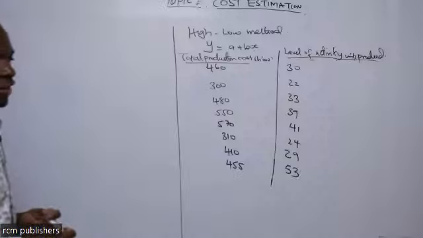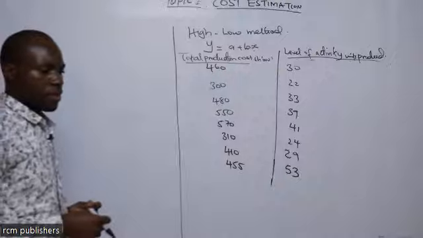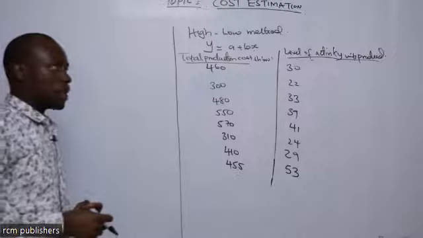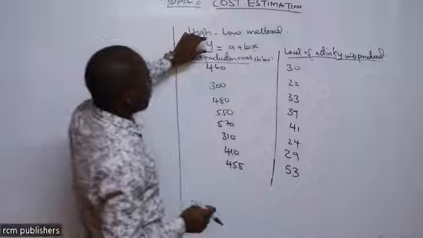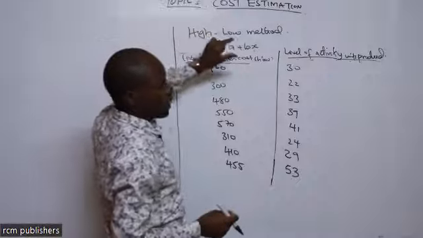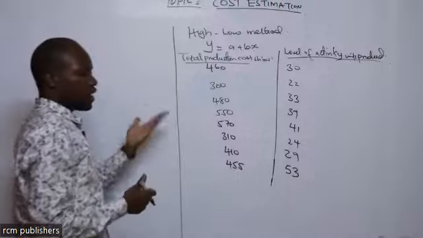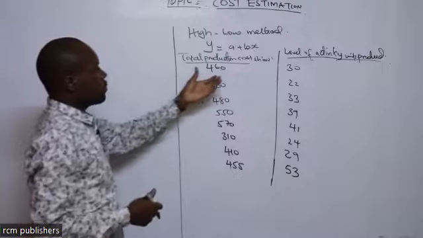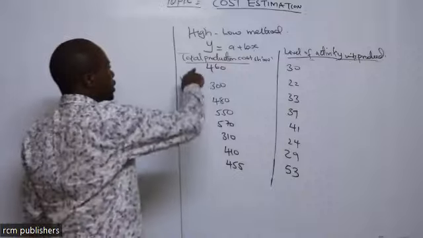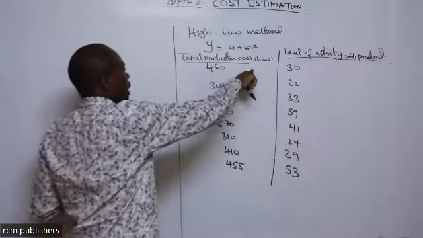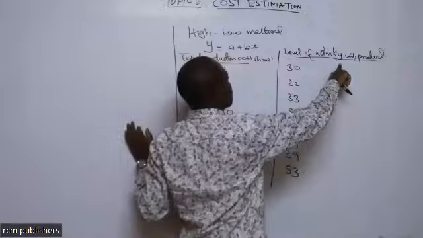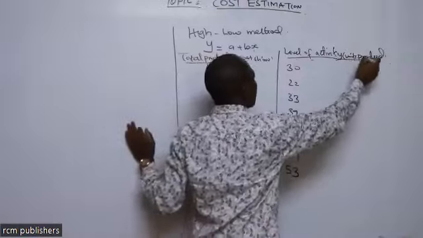Which one are we going to have as Y? Remember, we said Y is the dependent variable and X is the independent variable. Now, if you look at this data set, we are told that this is the total production cost and then the level of activity in brackets, units produced.